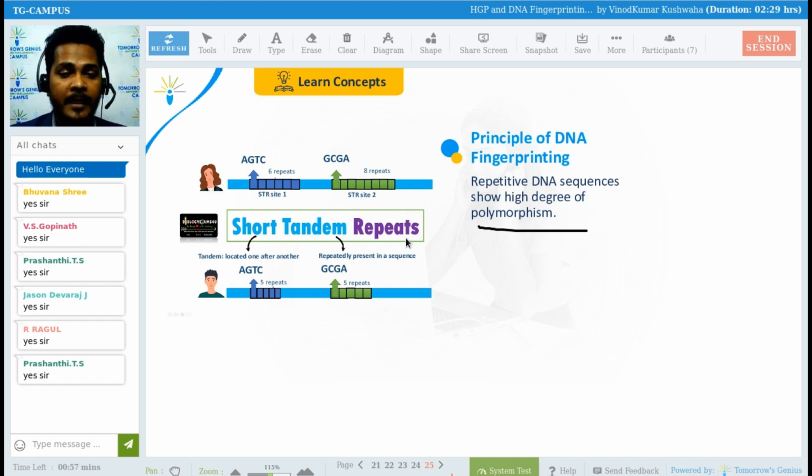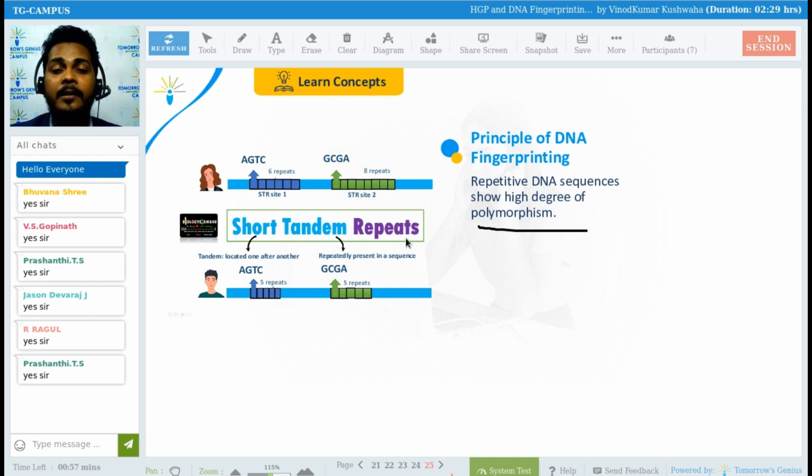You can see in this diagram short nucleotide repeats in the DNA, short tandem repeats, in particular DNA are very specific in each individual and vary in number from person to person, right?